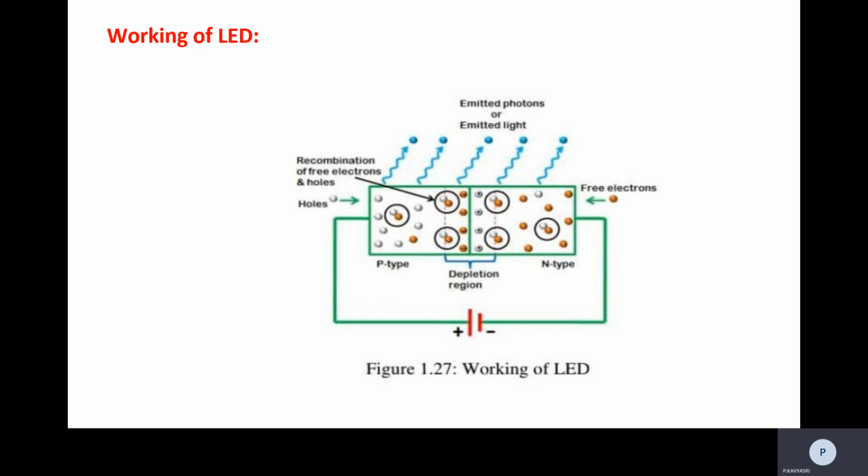I repeat, whenever electrons combine with a hole, energy is released, known as photonic energy, and electrons dissipate this energy by emitting photons. That is why it becomes a source of light, thus a light emitting diode.